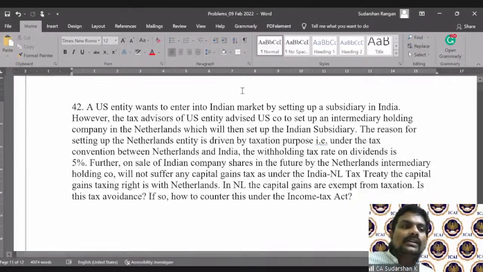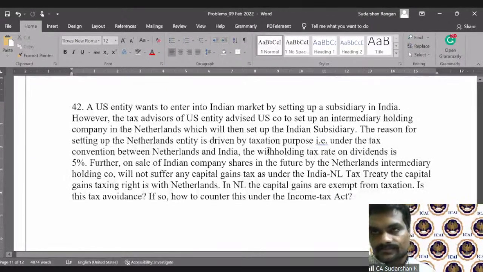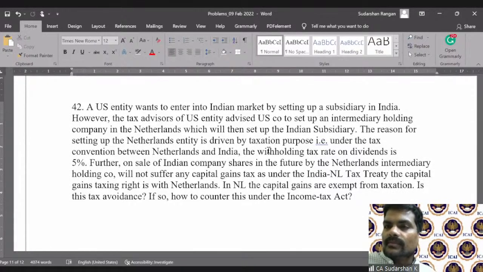So this is what elimination of double non-taxation is, and that was through the MLI agreement which India has signed along with some 90 odd countries who have signed till date. MLI is active in India.